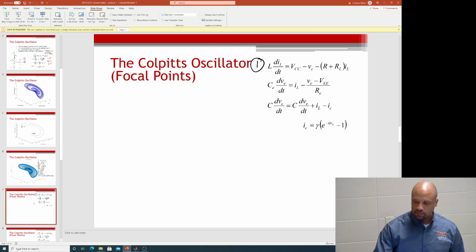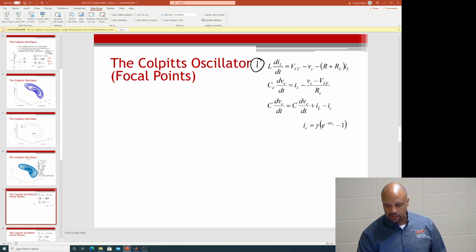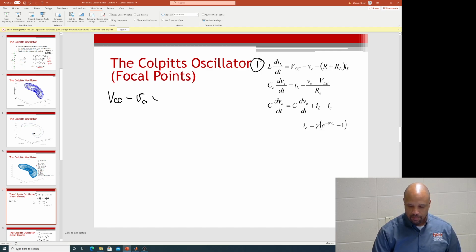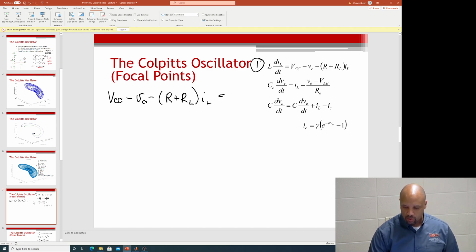So essentially we're going to set these equations equal to 0. So if I say VCC minus VC minus, yeah, this is what I was afraid of, it's jumping around. That's a minus sign. Minus R plus RL times I sub L. Okay, equals 0.